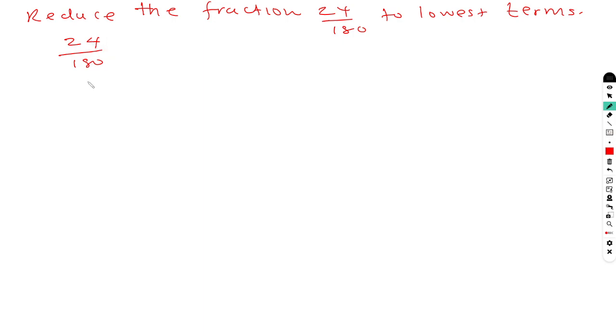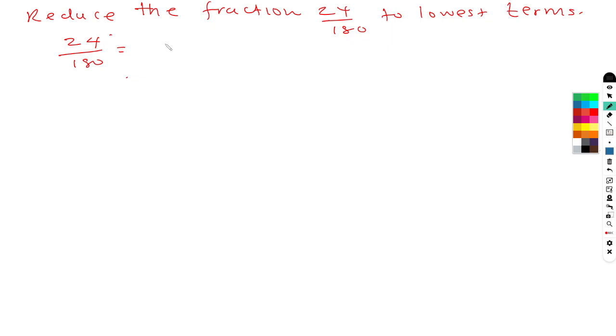The numerator and denominator are both even numbers in this case. So if you don't know the factors, you go with the simplest common factor which divides both. Let me change the color so that it will be easier for you to differentiate.